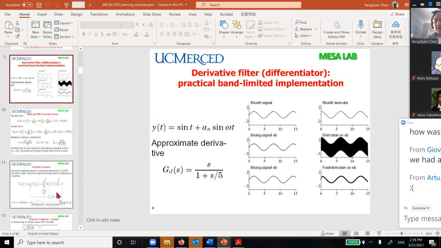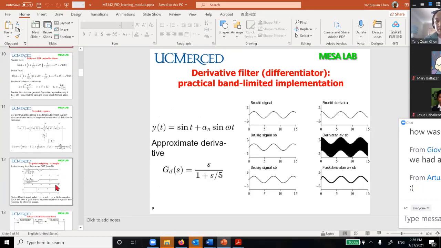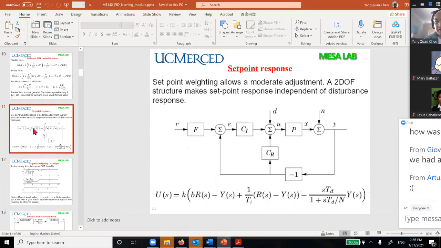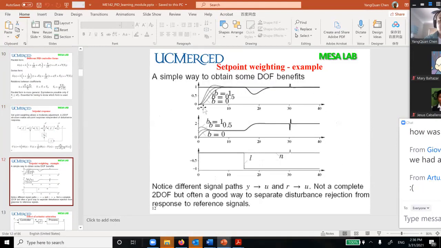So in the real world, we also have a set point weighting. We also have a two degree of freedom form, this term. This b is a set point weighting. The set point weighting will be able to speed up the response to a sudden change.